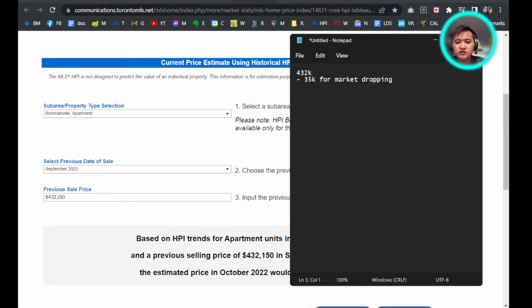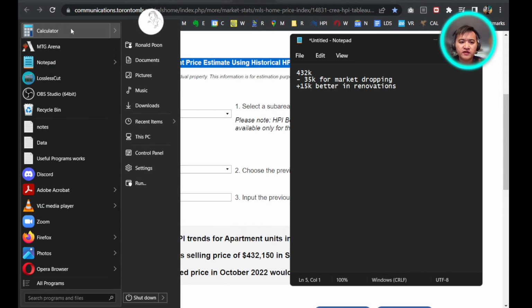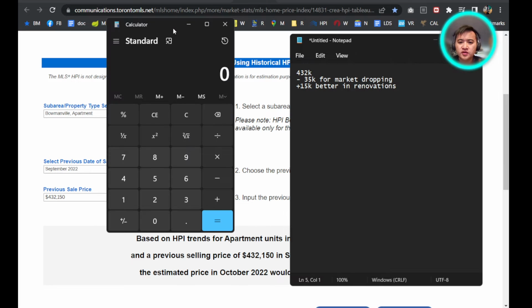And then, however, I think the unit we're looking at is around 15K better in renovations. So for the actual fair market value, this is the unit if we bought the one last month, but since the market has fallen more, it's minus 35, but then we gotta pay 15K more. So fair market value equals 412K.